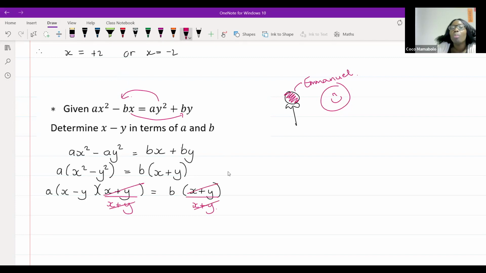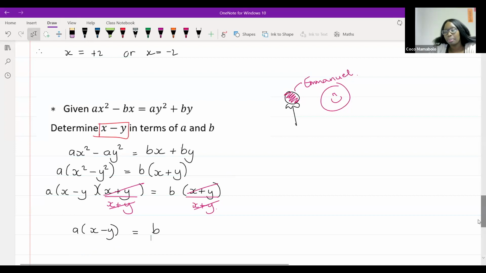We're almost there because the question said we must determine what X minus Y is. So at the end, we want X minus Y equals something. So now what I have left is A times X minus Y is equal to B.